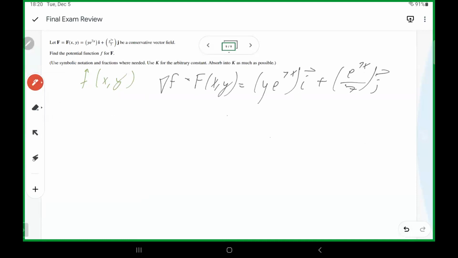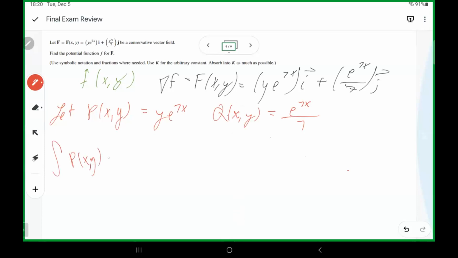So then we're going to let P(x,y) equal y e to the 7x and Q(x,y) equal e to the 7x over 7. All right, so then we have the integral of P(x,y) dx.